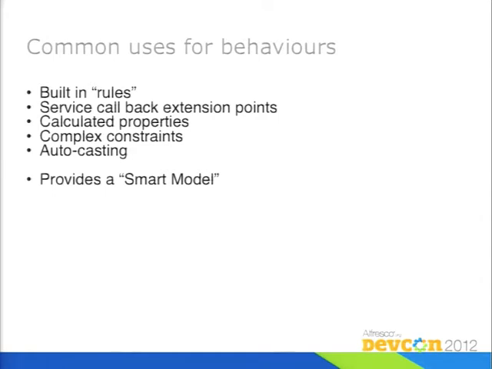Calculating properties: if the state of the content changes, you could update additional properties. Essentially, it allows us to extend our model and make it a little bit smarter. The behaviours are all triggered from updates to the data in the repository. You're registering for data changes.